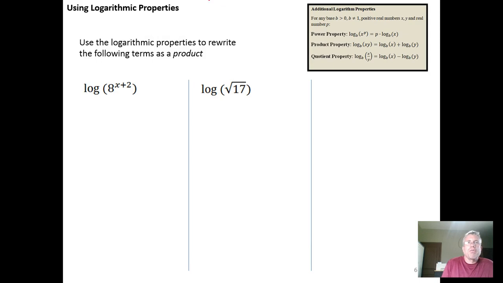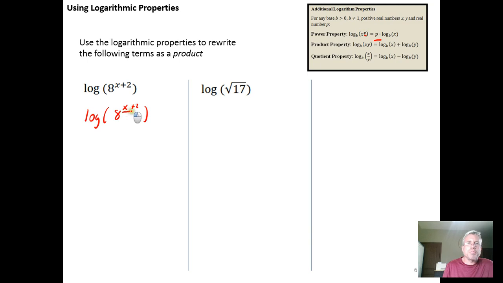So use logarithmic properties to rewrite the following terms as products. So here we have log of 8 to the x plus 2. We know this is log base 10 because no base has been explicitly written. We know from the power property that if we have an exponent on the number that's input into the log, that we can take that exponent and bring it down into the front position.